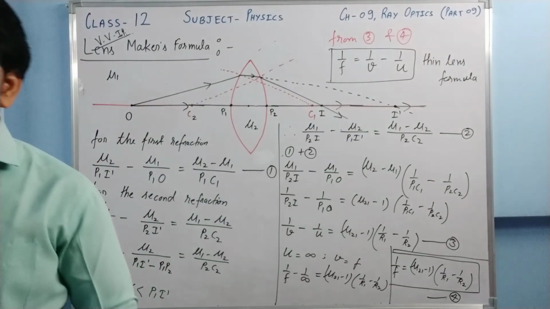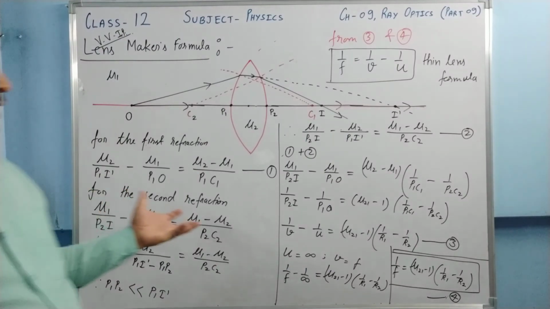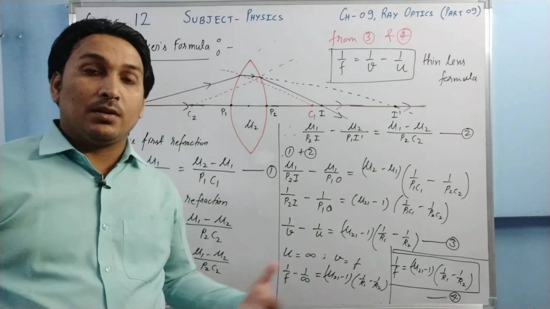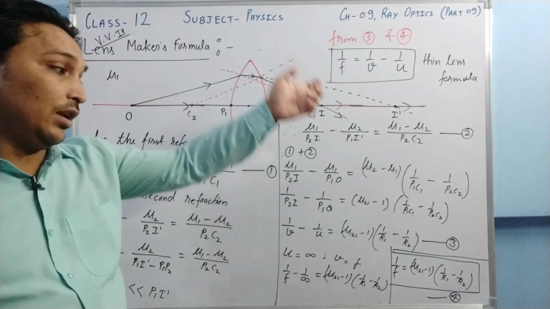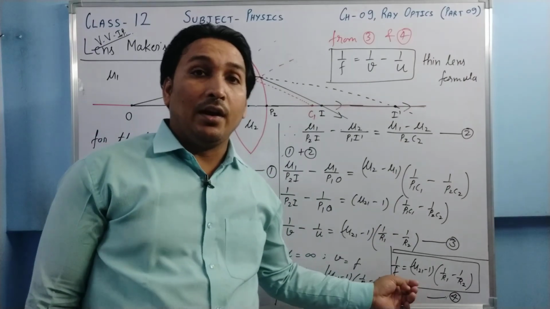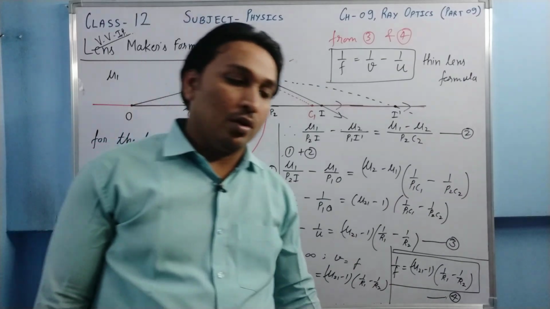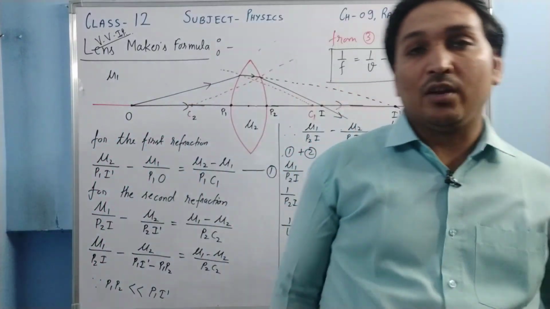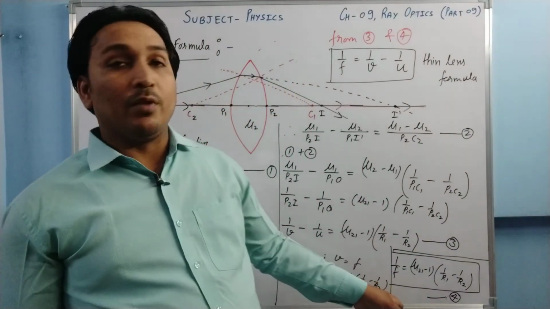It tells us how this equation has come for a thin lens, how lens maker's formula is derived, and lens maker's formula is applied to various lenses: plano convex, concavo convex, biconvex, equiconvex, every kind of lens.